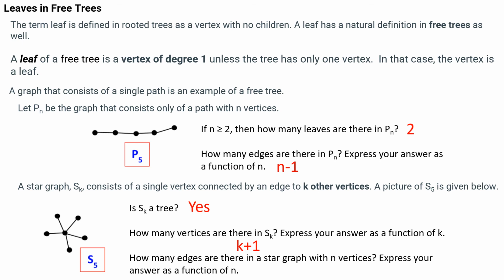One less edge than there are vertices. And it turns out, if you can imagine other vertices there too, there's always going to be one less edge than the number of vertices, because that middle vertex connects to all of those other vertices. So it would just be the number of vertices n minus 1.